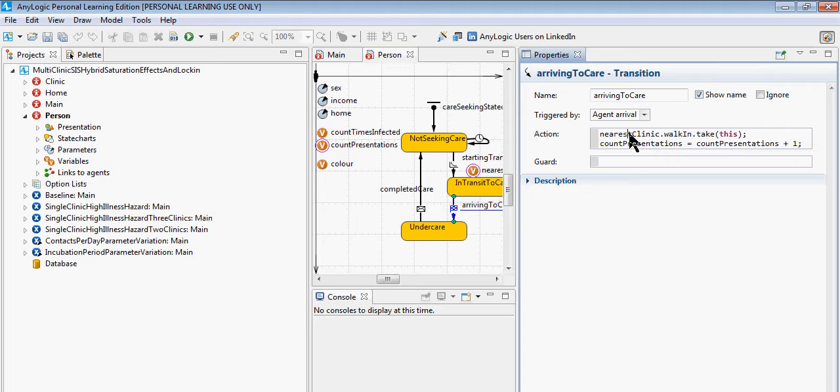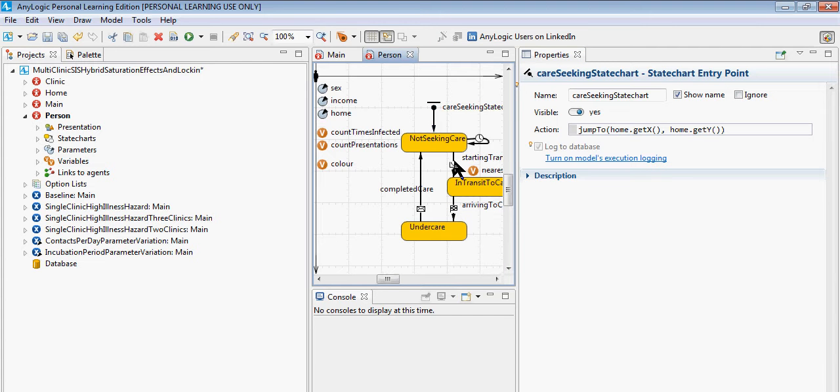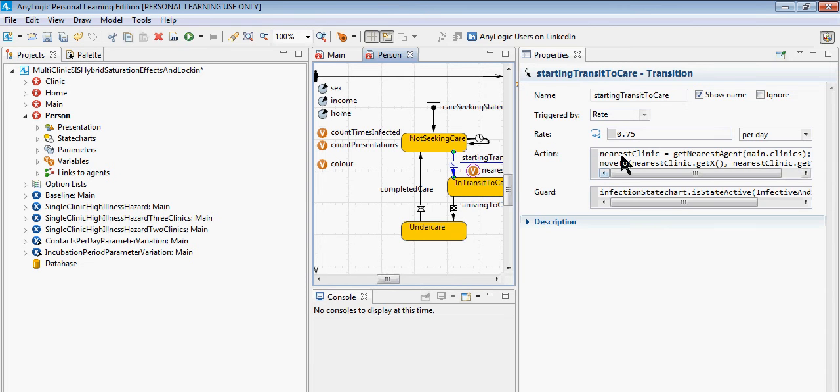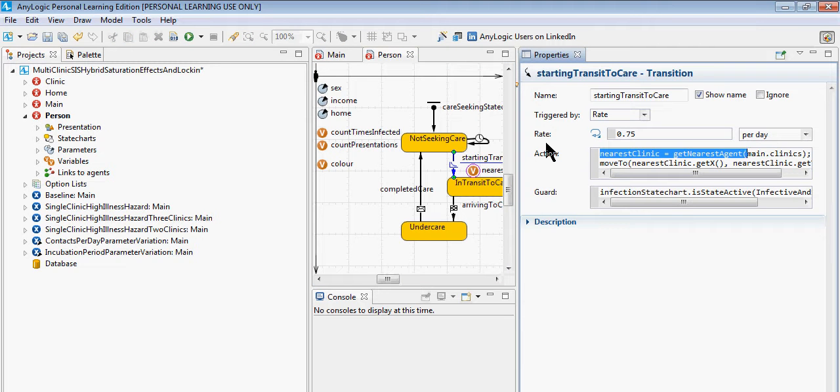So in our models, we might have a guard saying the pregnancy transition for an individual is only available to women. Here, we're gating this according to their state in this other state chart. We're saying that when they're in this infective and symptomatic state, they will make this transition. So we actually leave and come back in so we can re-examine that guard.